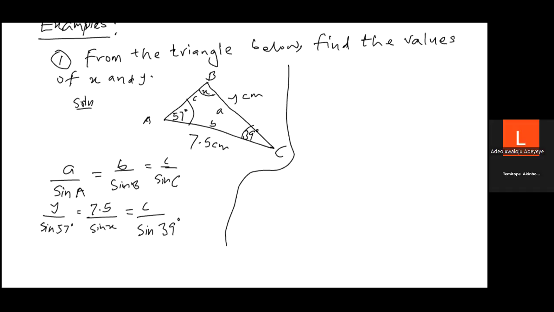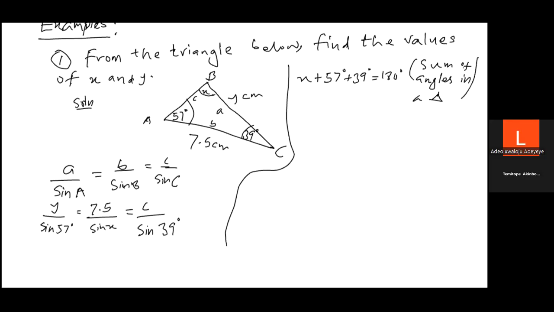But you can make life easy by determining angle x. Now, what's the sum of angles in a triangle? 180. So I can say that x plus 57 plus 39 equals 180 degrees, sum of angles in a triangle. That will help us determine the value of x.